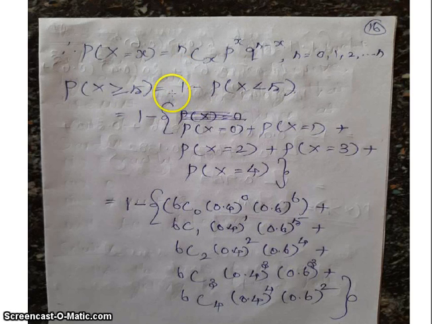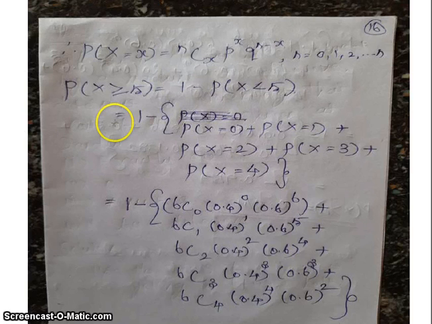So we deduct 1 minus P of x less than 5, because here capital X is greater than or equal to 5. So the remaining is 0 to 4.